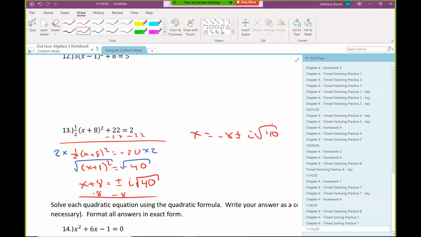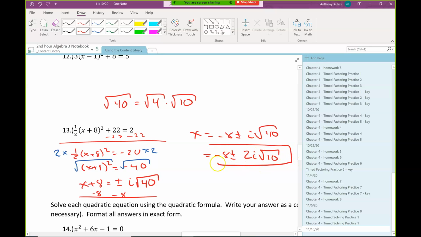And then the last thing that we could do is we could simplify the square root of 40 a little bit. So 40 is the same thing as 4 times 10. So the square root of 40 could be the square root of 4 times the square root of 10. And the square root of 4 is just 2. So I can just make that 2i square root 10.